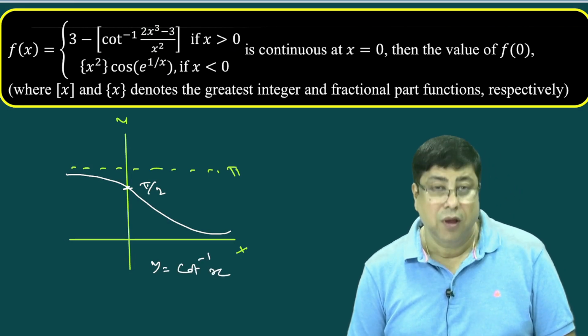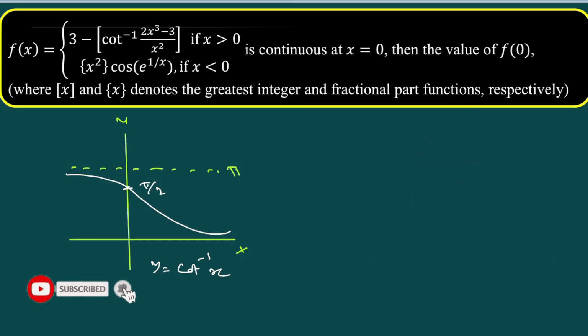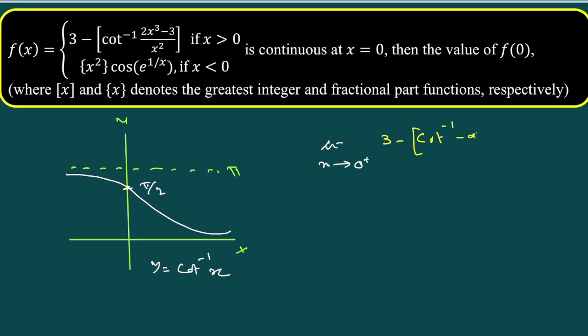Now let's go on solving the sum. Looking at the nature of the graph, consider the limit as x tends to 0 plus of 3 minus box of cot inverse of the expression. The argument tends to minus infinity. Why? Because the denominator is x square, and if we put x equal to 0, this becomes minus 3 by 0, that is minus infinity.